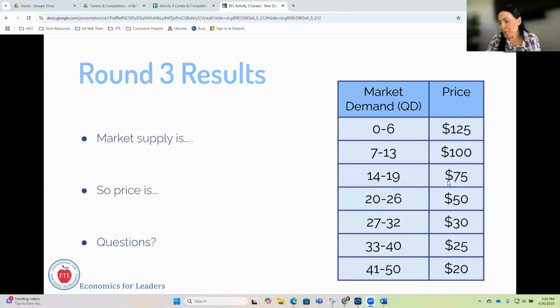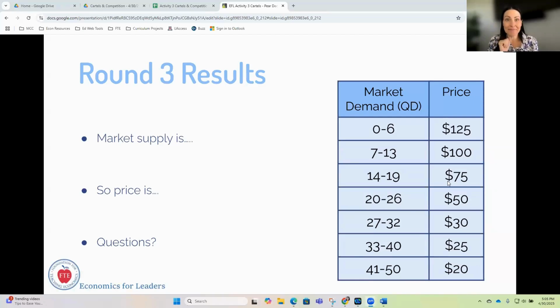So I'm going to read our production decisions and you can help me add them up as we go. We have a 2 plus 2 plus 3 plus 3. So what are we at? 10 so far.